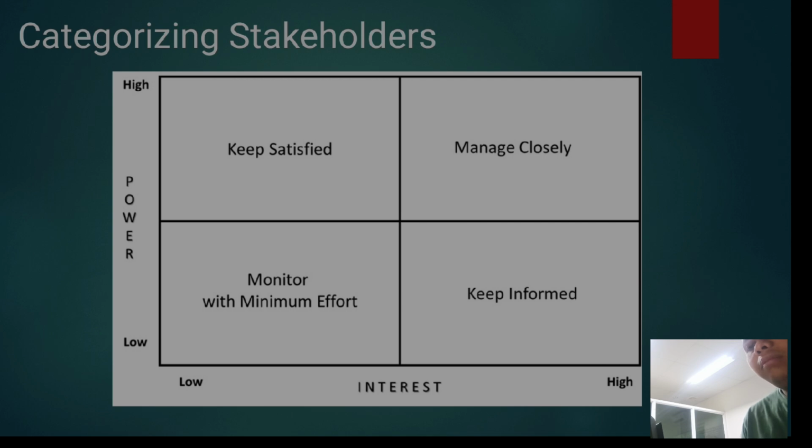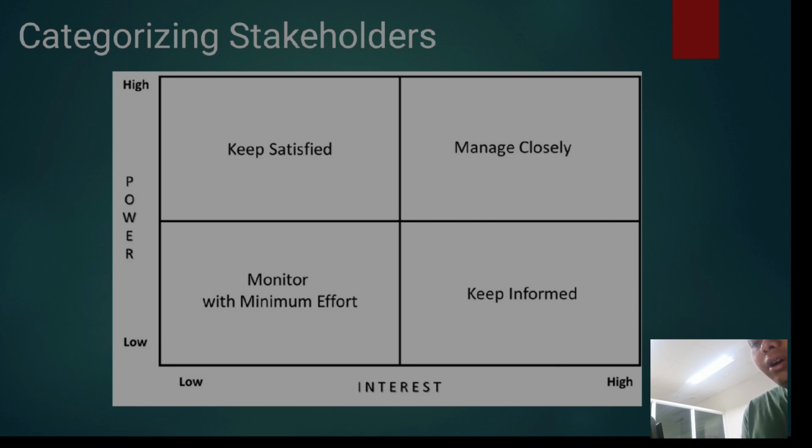They have a great, significant impact. They have the major impact in the organization, and they also have the biggest interest in the category, and also they need to be informed well. They need to be managed closely.